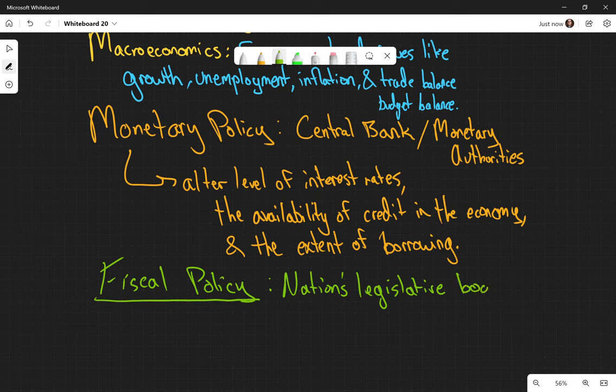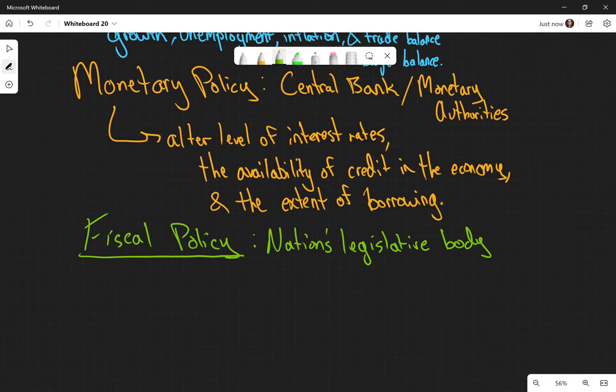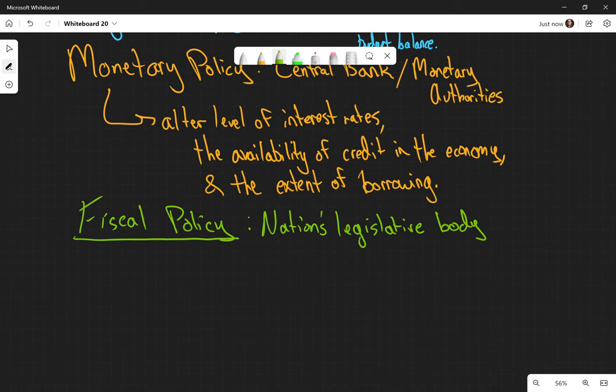So we have a legislative body over in Lincoln, right? The state legislative body that actually does run a little bit of state fiscal policy, but for the most part, when we talk about fiscal policy in macroeconomics, we're talking about the national legislative body. We're talking about Congress, the House of Representatives, and the Senate, right?